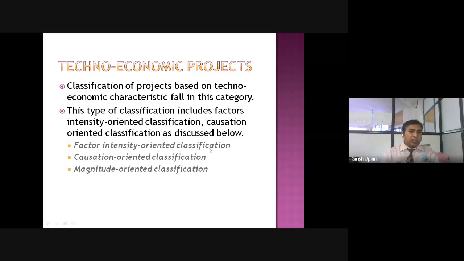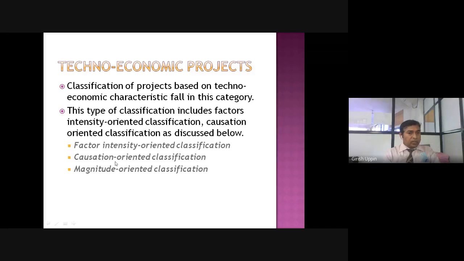Factor intensity is about which factor has the highest intensity. Whether it is abundant availability of raw material, or the demand for the particular product, or the market conditions, which factor plays the highest intensity. Based on that we do the classification.